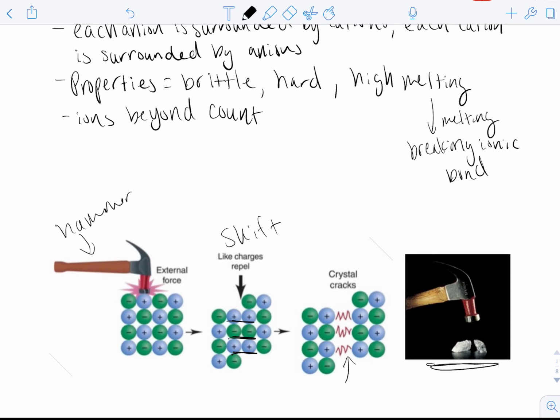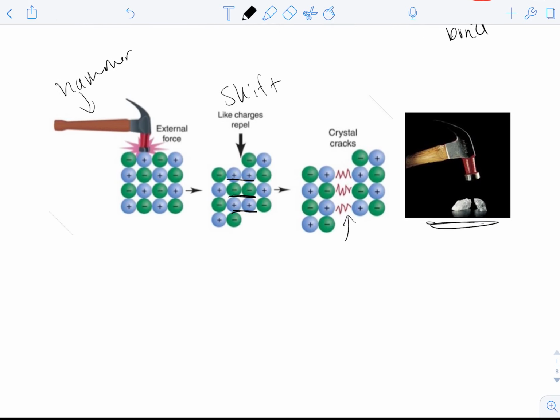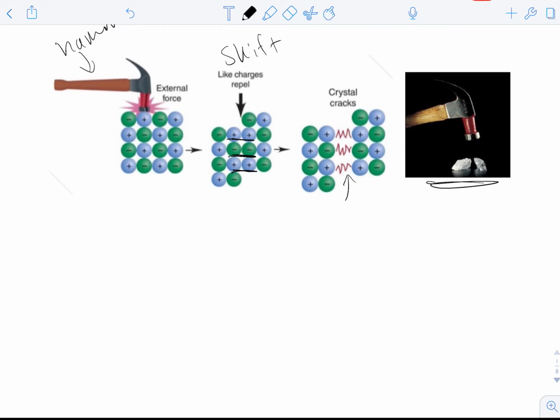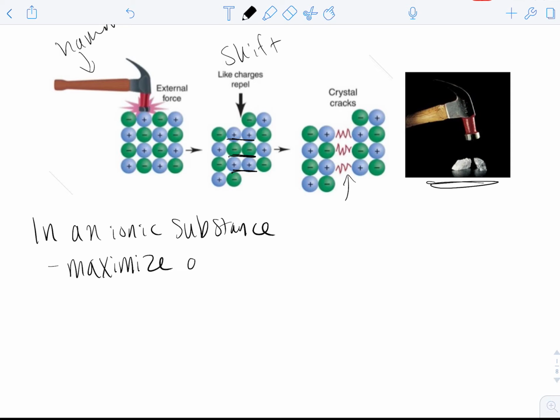Okay, so with our ionic structures, we want to maximize our attractive forces while minimizing our repulsive forces. So our ionic substance, we want to maximize attractive forces, and we minimize repulsive forces.